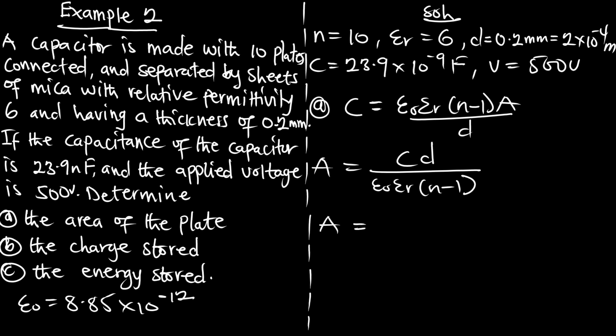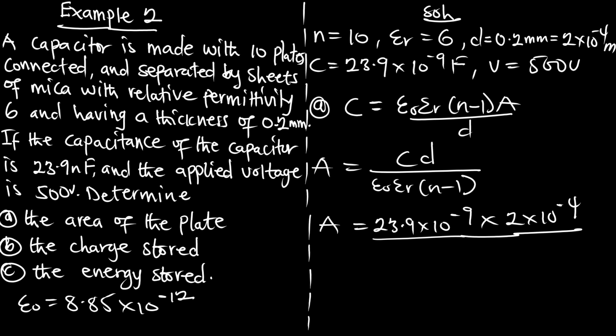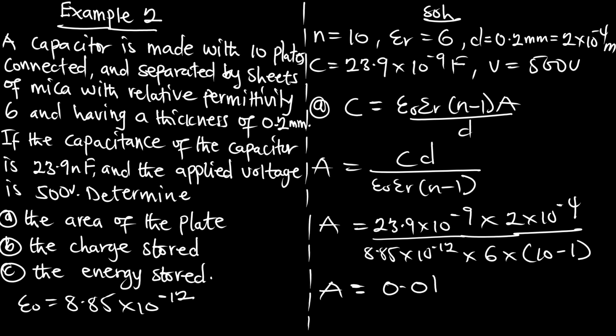And our area is going to be the capacitance, which is 23.9 times 10 to the power negative 9, times the distance between the plates, 2 times 10 to the power negative 4, over 8.85 times 10 to the power negative 12 multiplied by 6 and 10 minus 1. When you punch this on your calculator, your area is going to be 0.01 meter squared. Are we okay? So this is the area of the plate.